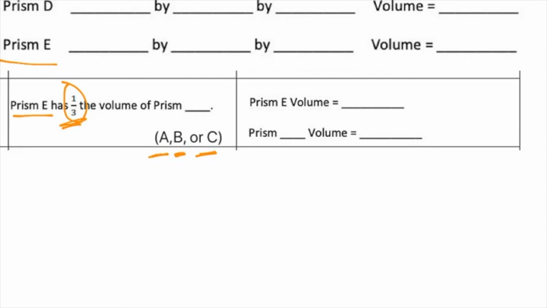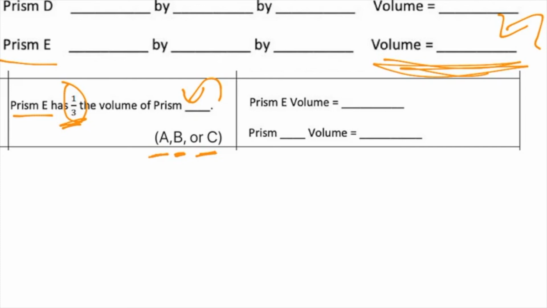Pick one, and you're going to put that letter on this line right now. Once you know you're doing 1/3 the volume of prism A, B, or C, you're going to take the volume of whichever letter you picked and divide it by 3, and that will be the new volume that you're putting in this line right here. So put the volume on that line now.